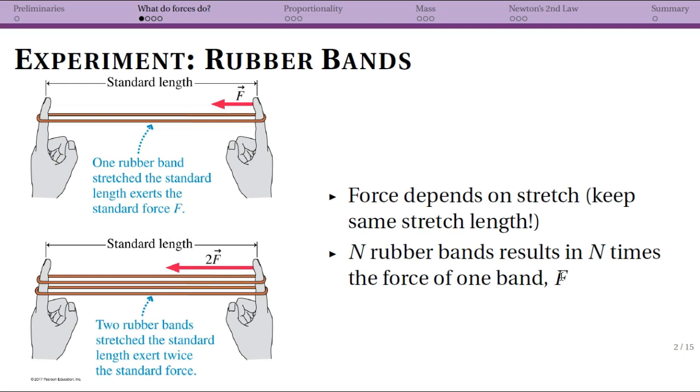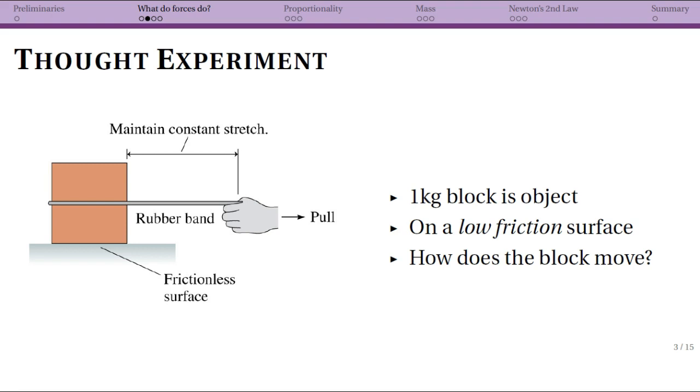So we see that this happens. Again, this itself isn't that exciting, but let's now try to move forward with this experiment to understand motion, right? No motion was happening here. Now, let's imagine a block which has a mass of 1 kilogram, and again, I haven't defined mass yet, but we'll get there.